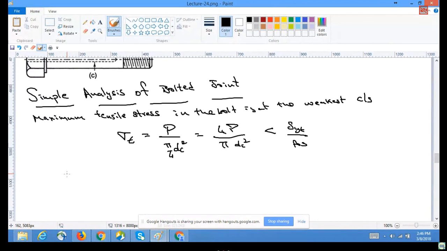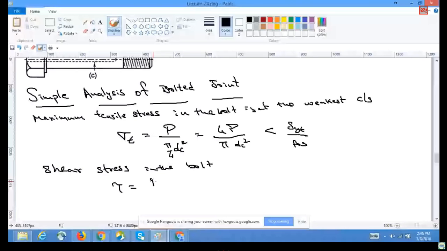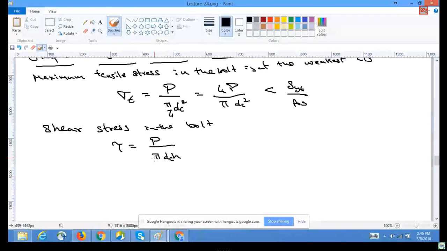So in the shear, we know that the shear stress is P divided by pi dc into, this is the perimeter, times the height of the nut.